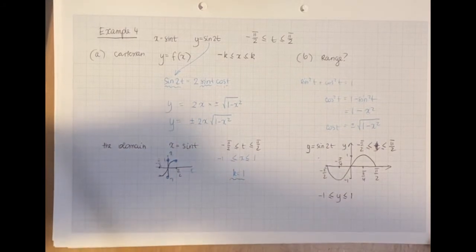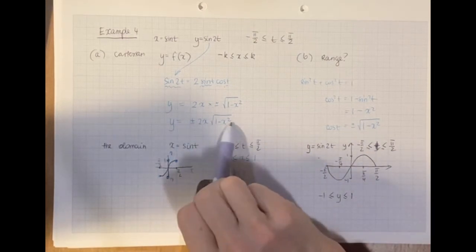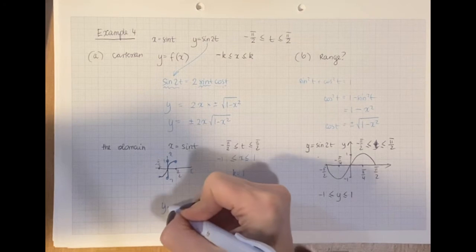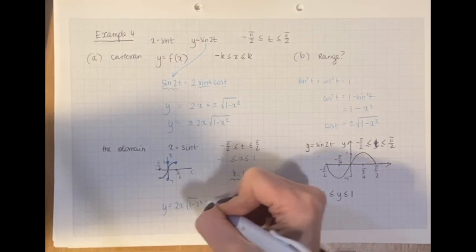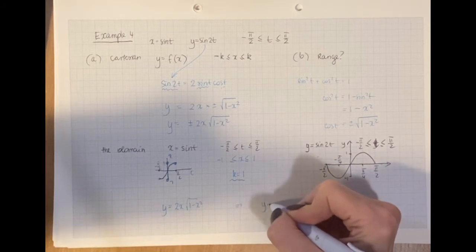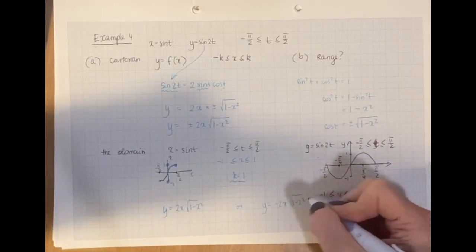Now for the final question, which I think the book ignored a little bit: what is the actual equation? Do we have 2x square root of 1 minus x squared, or do we have minus 2x square root of 1 minus x squared?